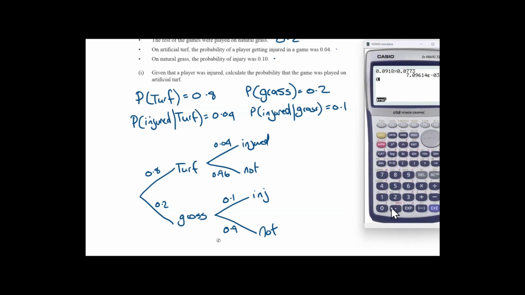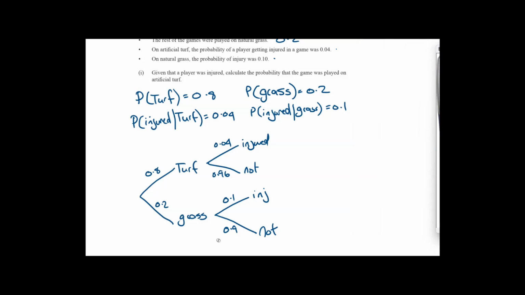So 0.8 times 0.04, 0.032. And 0.8 times 0.96, 0.768.